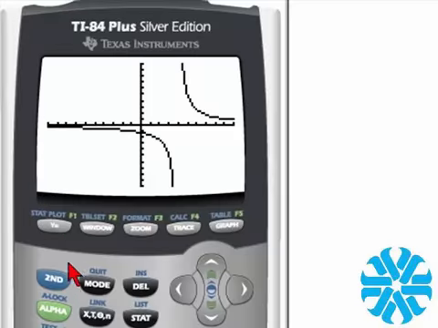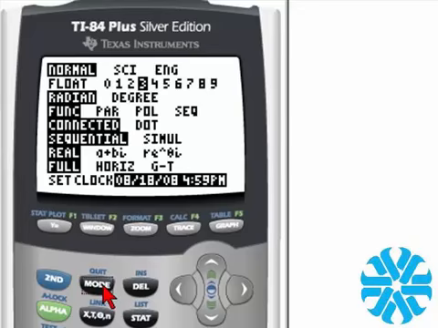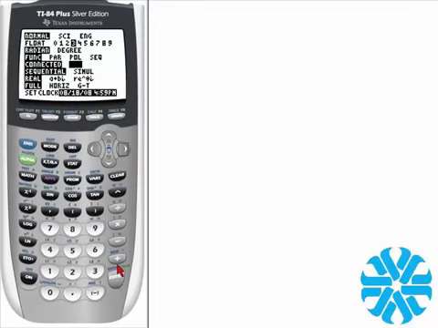Remember that we have a mode button right here, and you click on mode. You can see right here it says connected, so we are graphing all functions in the connected mode. To change it to dot mode, we simply move the cursor down and then go one to the right and then hit enter. Now everything's going to be shown in dot mode.